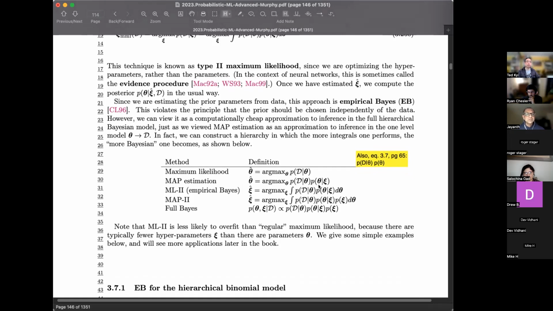We can introduce a psi, compute the posterior, and then compute the maximum a posteriori estimate. And then in this section, we introduce the psi hat estimates. And then also he has a comparison to the full Bayes.